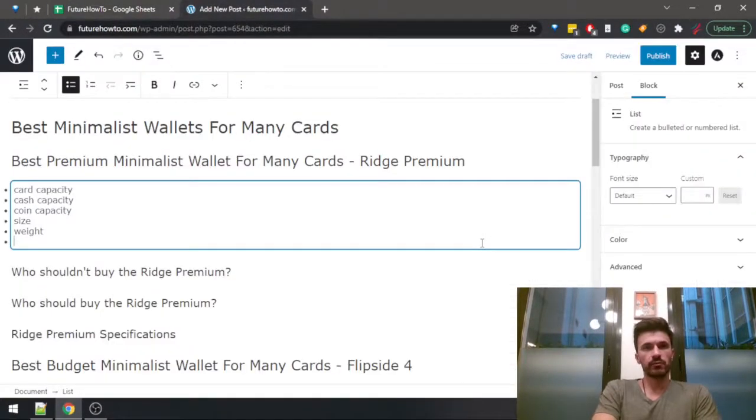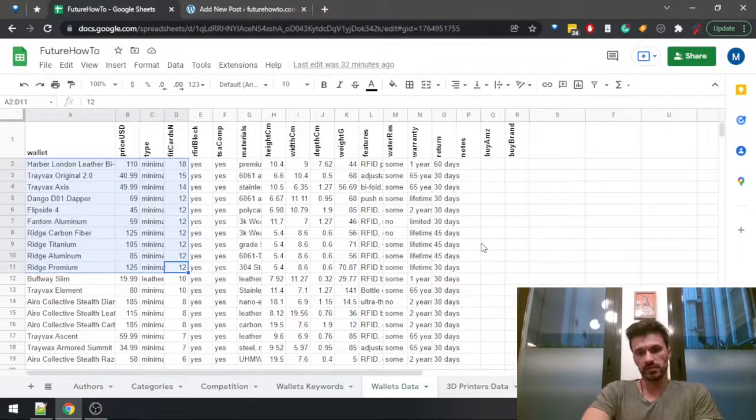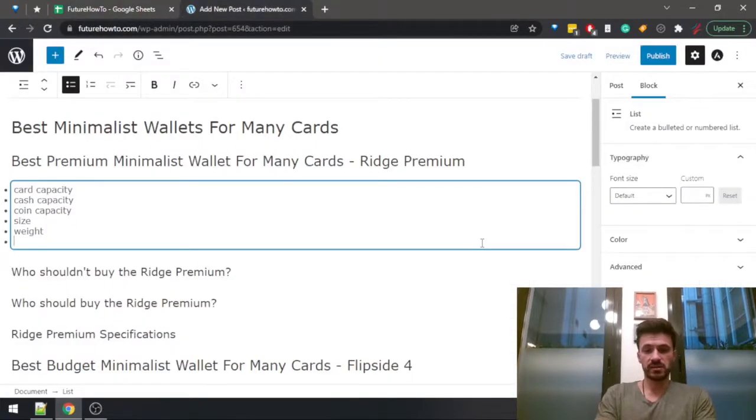You're going to see we're going to do most of this based on the data in here. That's the beauty of this process. It's really simple, and it's going to be very detailed yet in a conversational tone. And we're also going to add our own two cents, our own research so far, our own experience and knowledge on the topic, and that's going to be very valuable for our audience as well. So card capacity, cash capacity, coin capacity, size, weight.